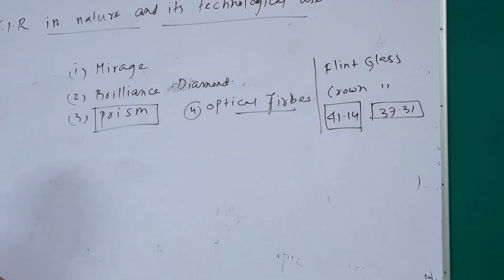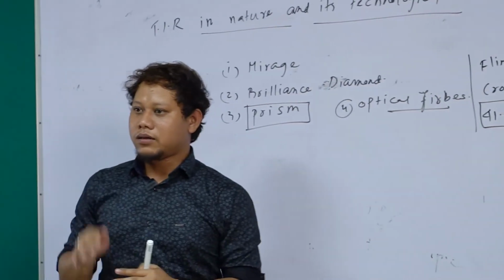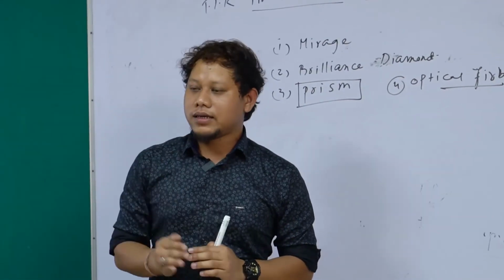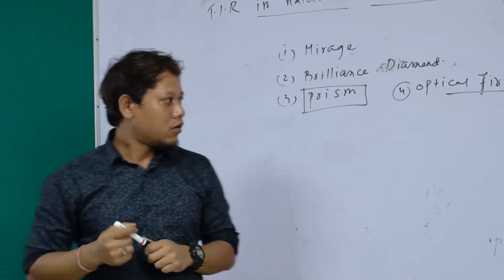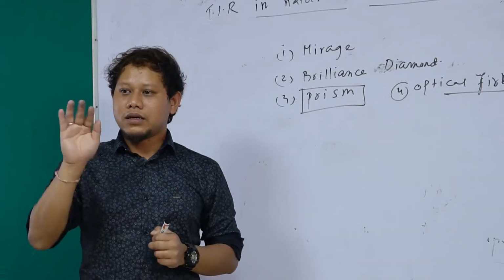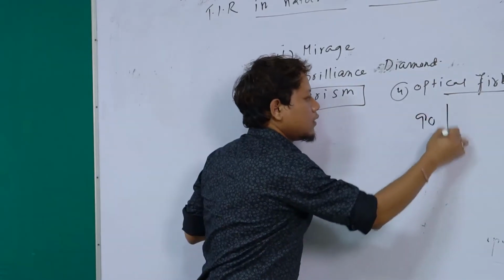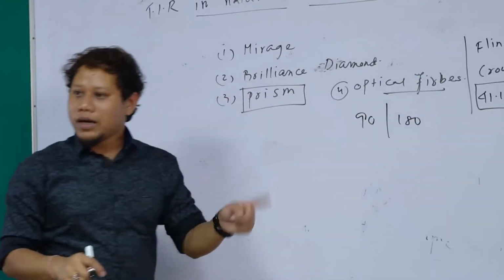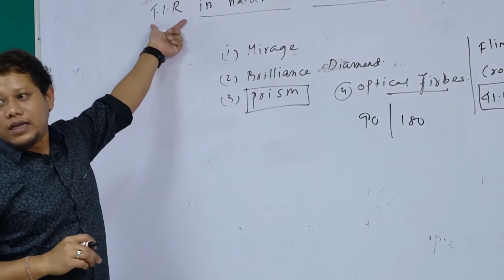Now, what is the use of prism? There are two uses of prism. Prism is used to bend the light by 90 degrees or 180 degrees, making use of total internal reflection. We use the prism to bend the light ray by 90 degrees, or sometimes by 180 degrees, using the phenomenon of critical angle.